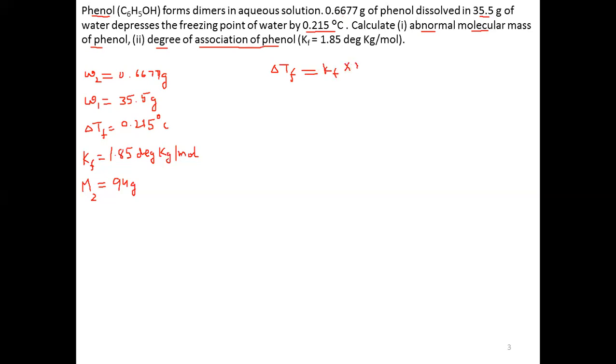First we will calculate using delta Tf equal to Kf into m, where m is the molality of the solution, whose definition is the number of moles of solute dissolved per kilogram of solvent. So the number of moles of solute means the weight of solute divided by the molecular weight of solute, times 1000 for kilogram, divided by the weight of solvent in grams.